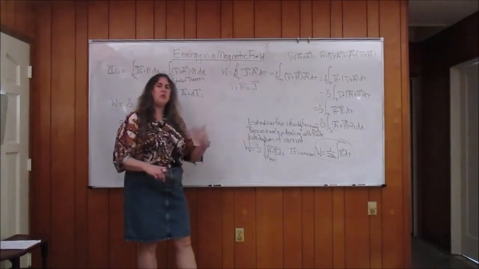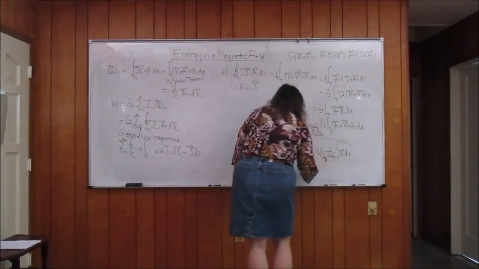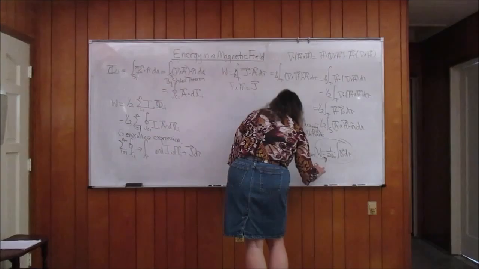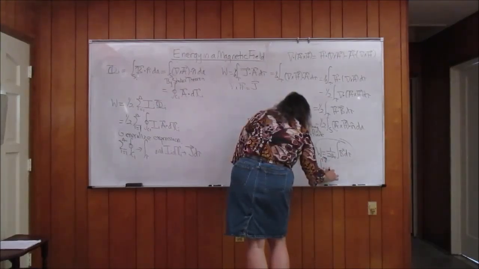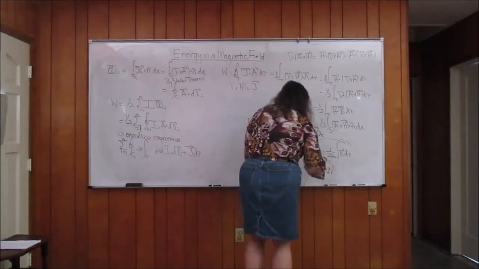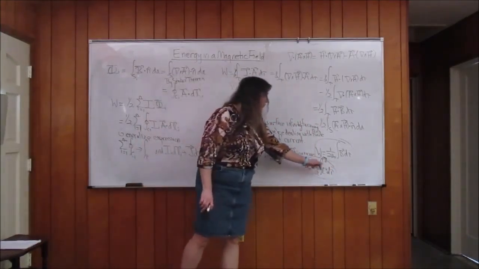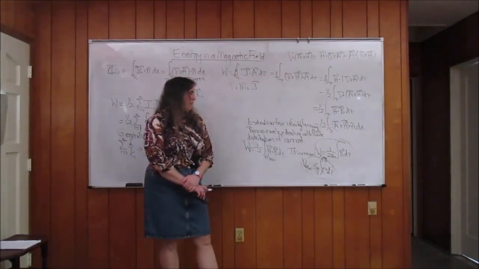Notice the similarity between this expression of the energy stored in magnetic fields and this expression for the energy stored in electrostatic fields. That's ε₀/2 times the volume integral of E squared in this case.